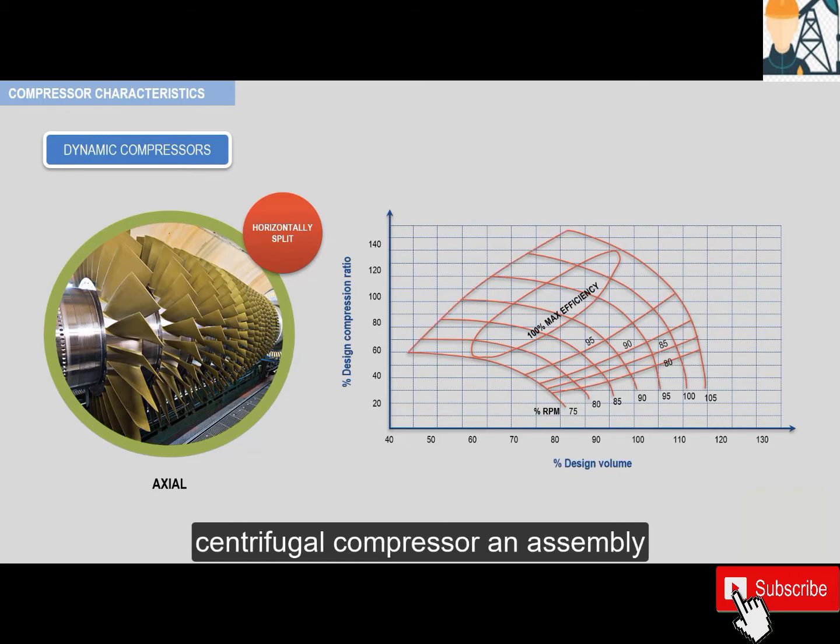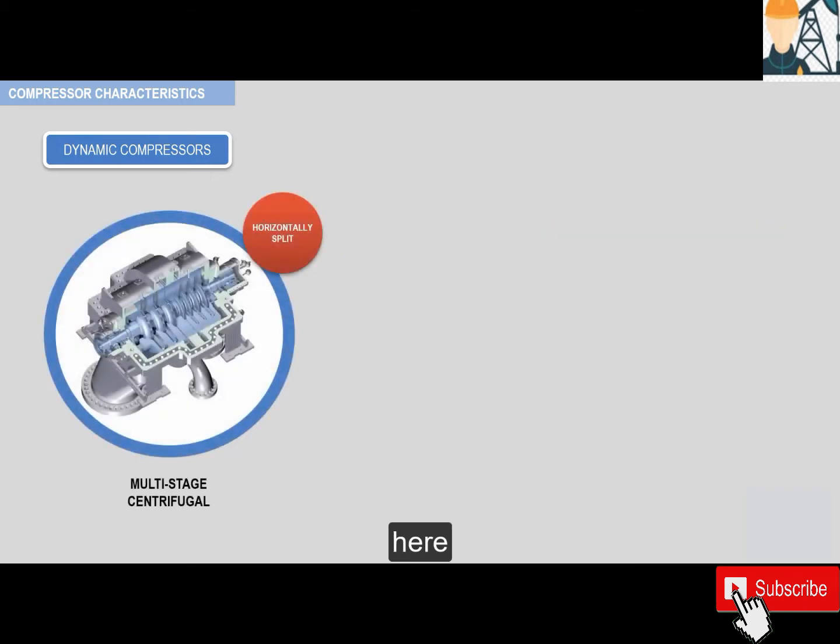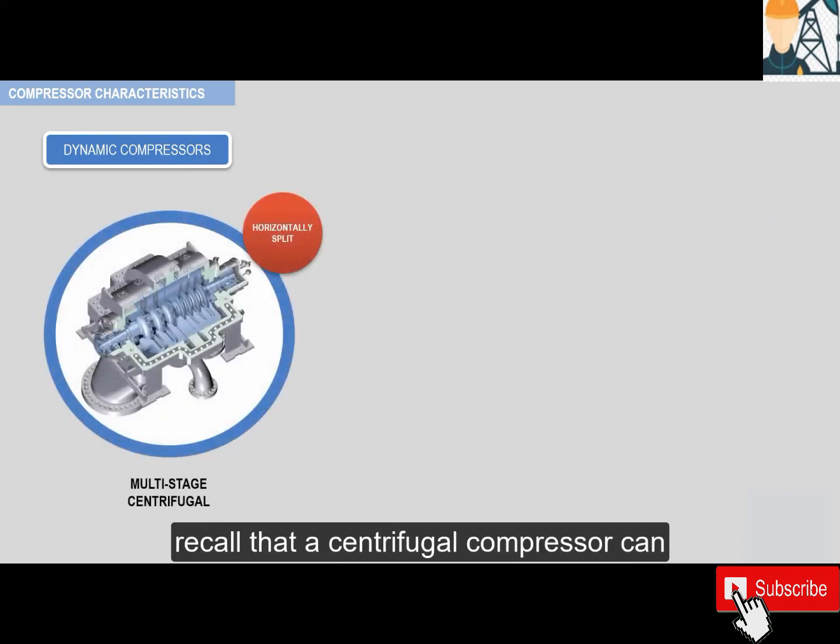for a centrifugal compressor. An assembly drawing of a multi-stage horizontally split centrifugal compressor is seen here. Recall that a centrifugal compressor can also be called a radial compressor because the exit flow from the impellers is radial as opposed to axial.